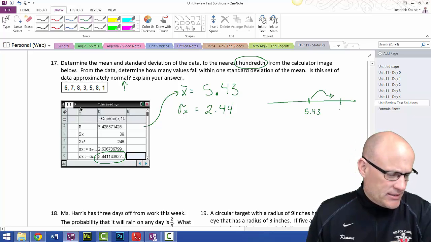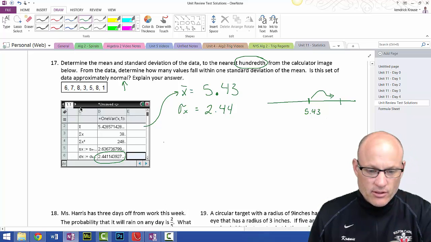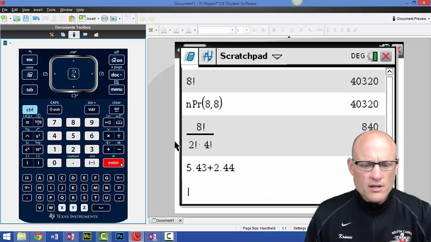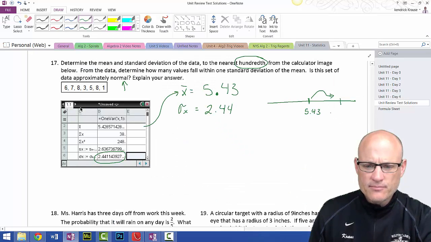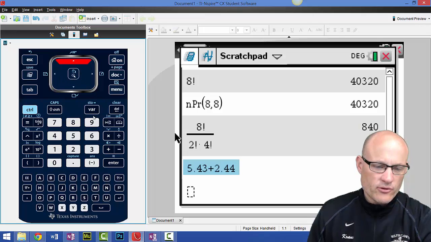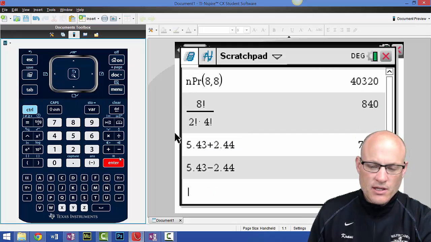When I add 5.43 and I add 2.44, I get 7.87. And when I subtract, it would have been easier just to type it. When I subtract, I get 2.99.